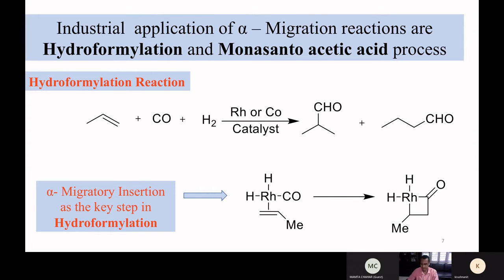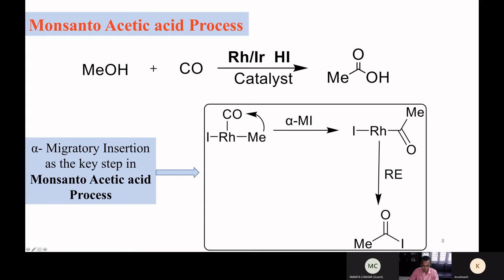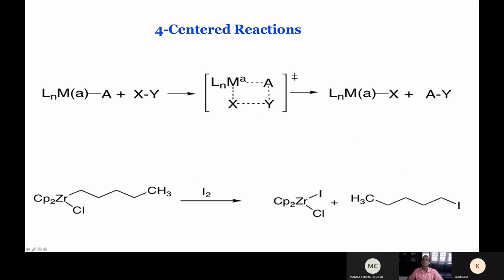We have seen these reactions, and I'm not getting into more detail. You get acetyl, the aldehyde type of product. You have seen the Monsanto acetic acid process, where from simple material you get acetic acid product. We have briefly discussed the mechanism. Now, of course, in every case it would not be possible to do this sort of oxidative addition and reductive elimination, and alpha migratory insertion, beta migratory insertion, and so on.